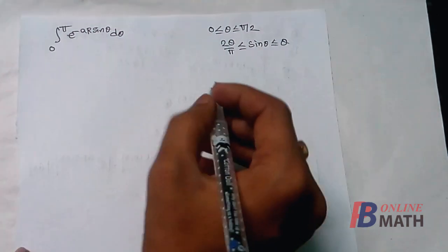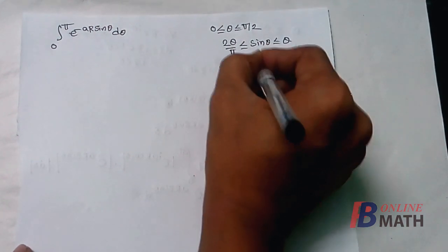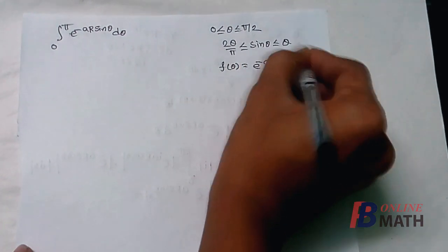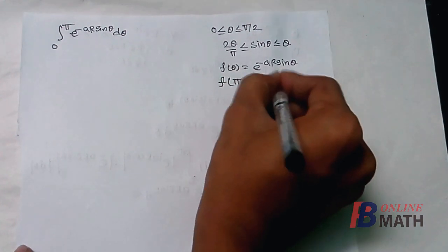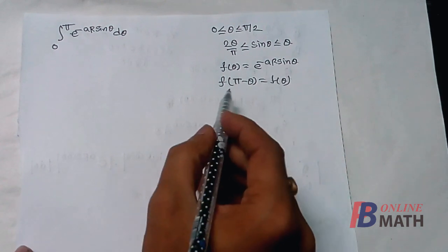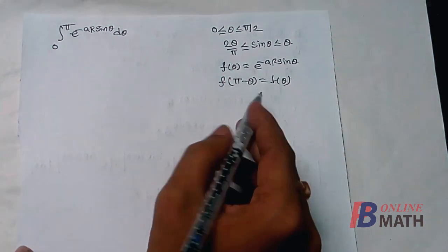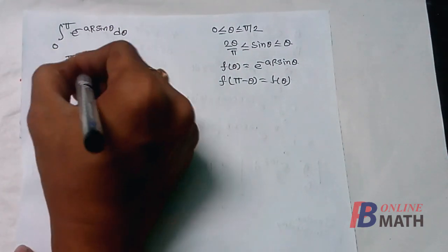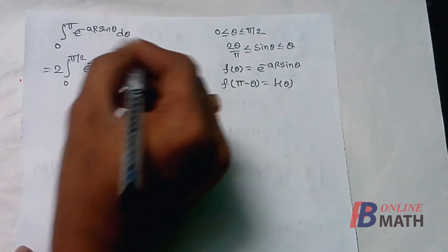For that reason, if we take f theta equal to e to the power minus a r sin theta, then we find that f of pi minus theta is also f theta, because sin of pi minus theta equals sin theta. Hence, by a well-known property of definite integral, we can write it as 2 times the integral from 0 to pi by 2 of e to the power minus a r sin theta d theta.